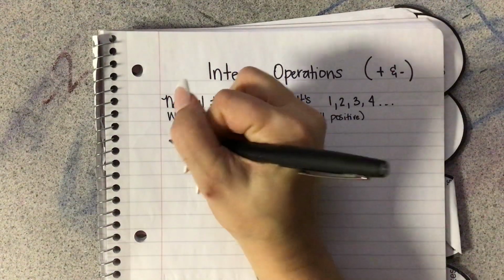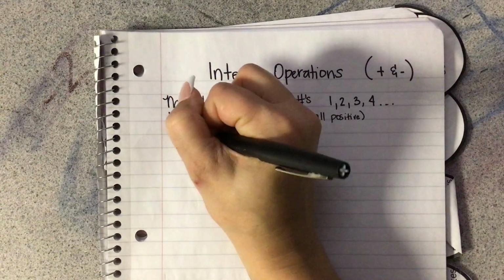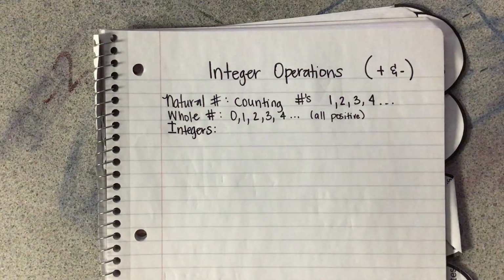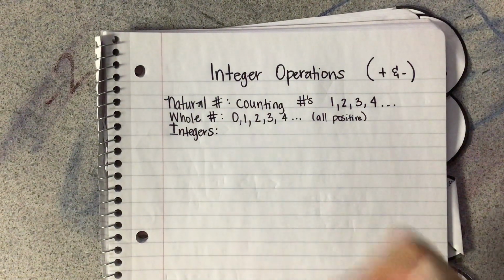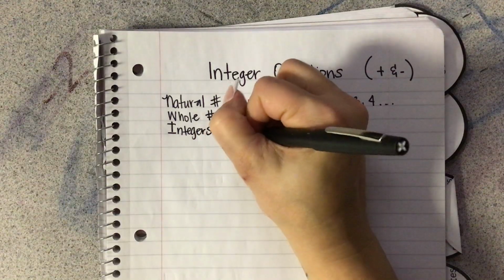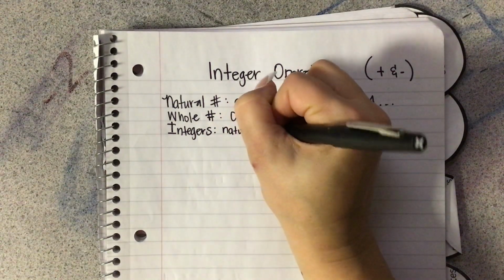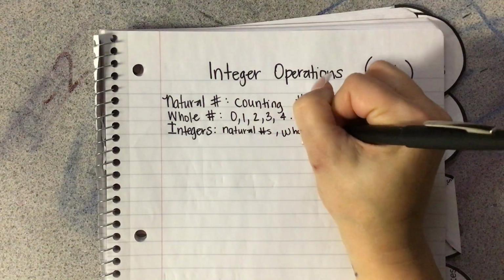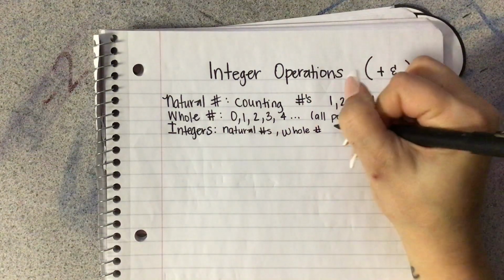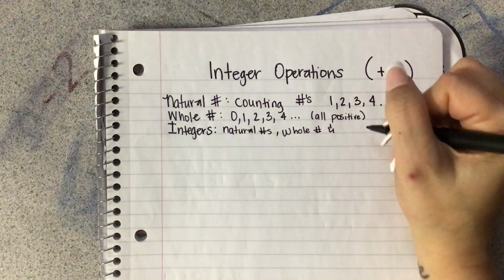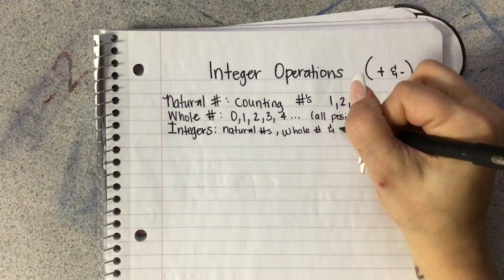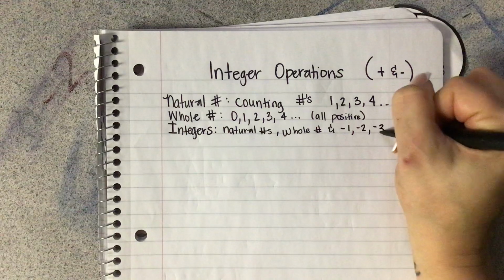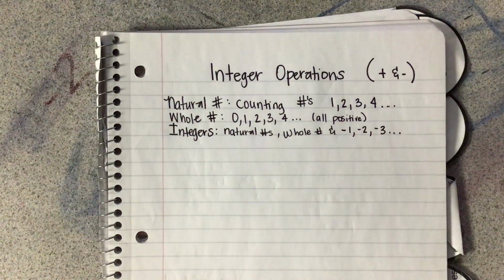Then you have integers, which is what we're going to be focusing on next. And remember, integers are natural numbers, whole numbers, and negatives. Your negative numbers.